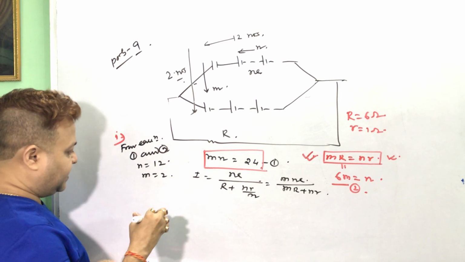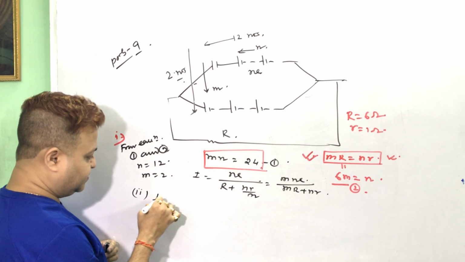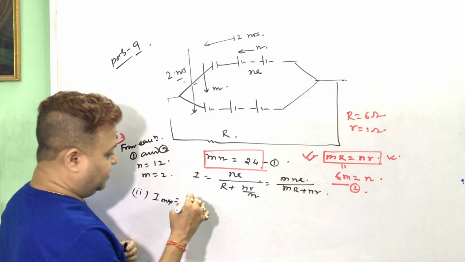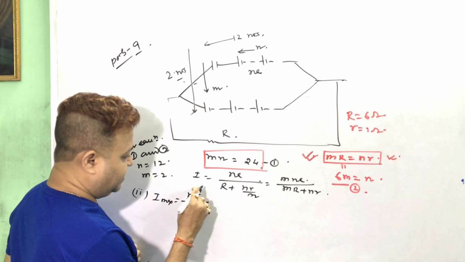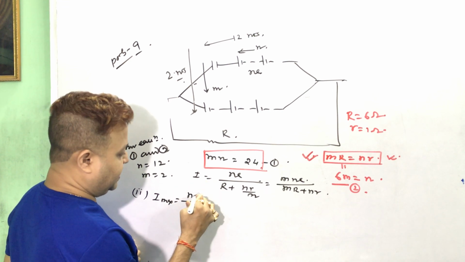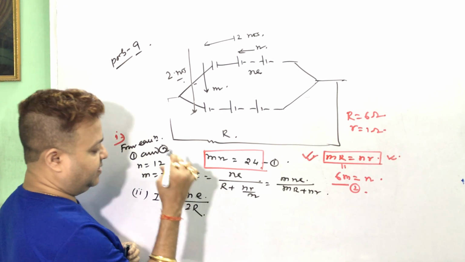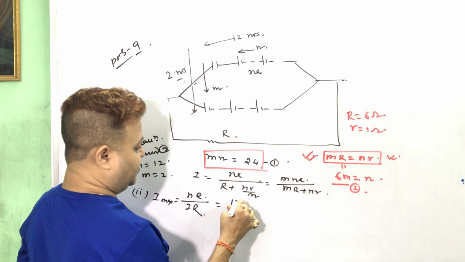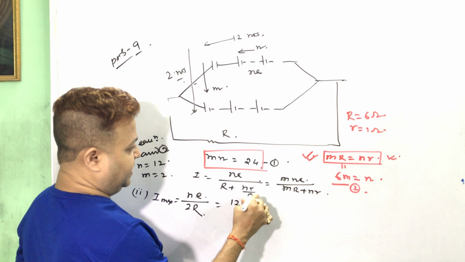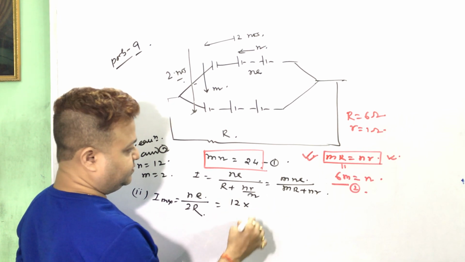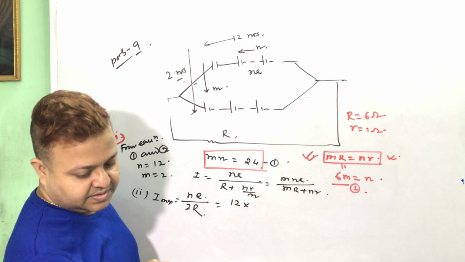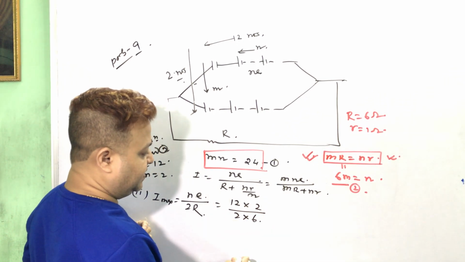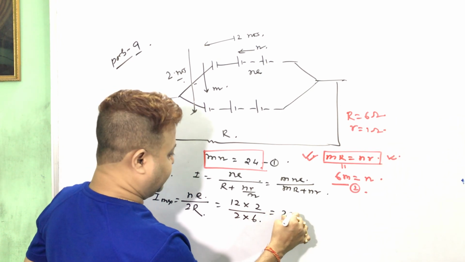And what is the maximum current? It is nE divided by 2R. Putting in the values, number of cells 12 into E, EMF is given as 2 volt, divided by 2 into 6, that is 2 ampere.